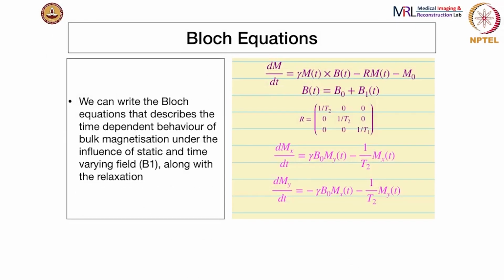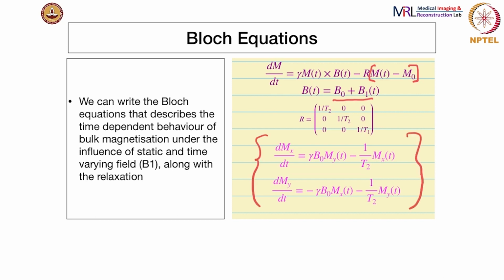Remember we wrote this equation, M cross B equal to dJ by dt, for just a magnetization in a static magnetic field. Now if we take into account all these factors that we talked about, and we also include B0 and B1, then we can write down the equations of motion. These are called the Bloch equations.